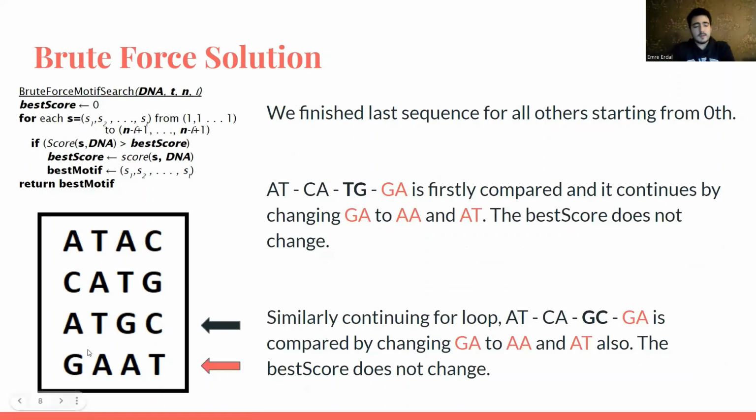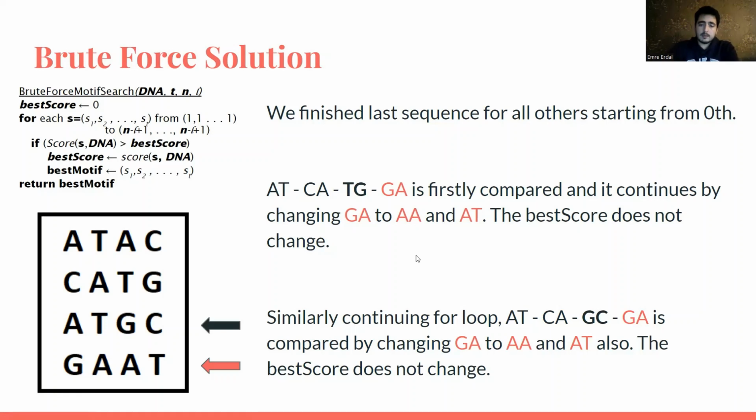Then as we finish the last row, now we can move to the third. So when we analyze the third sequence, initially we analyze ATCA AT cases. So now we are starting with ATCA, TG, and then GA.